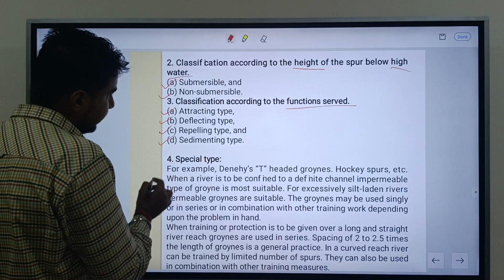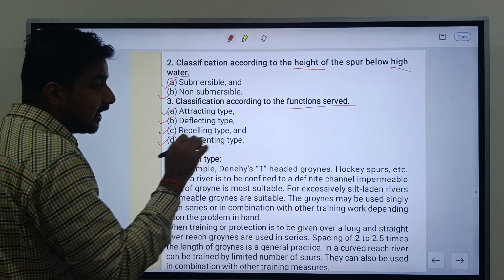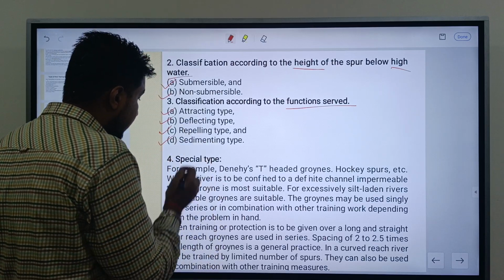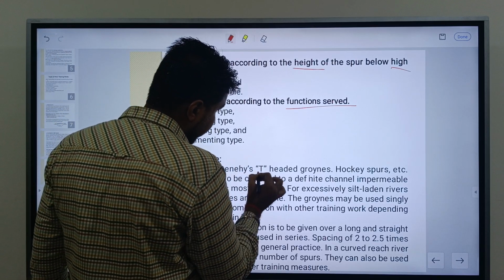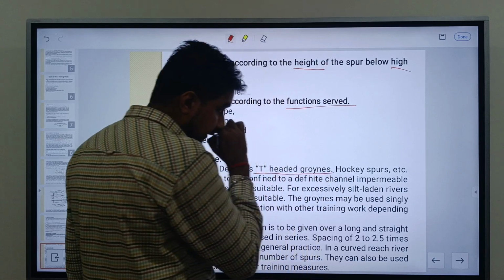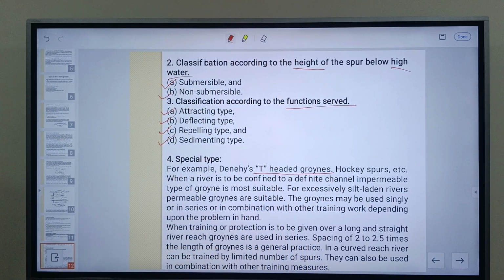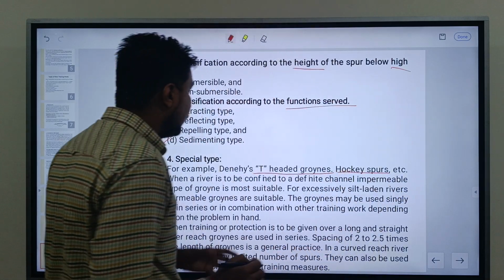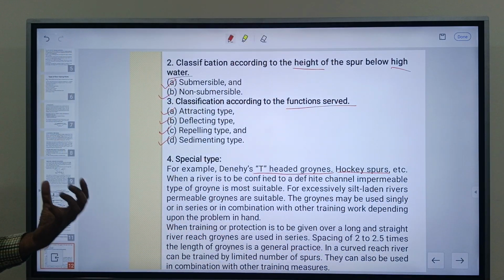Next is the special type. For example, a T-head shaped groin. We will see that figure in the next slide. The T-head shaped figure or the hockey spur type figure are also special types.